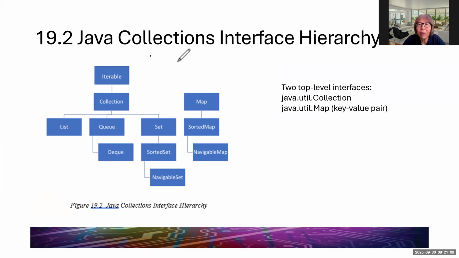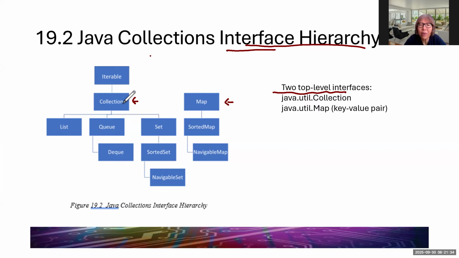We first discuss the interface and how the collections interface hierarchy works. In Java collections, there are two top-level interfaces. One is Collection, the other is Map.